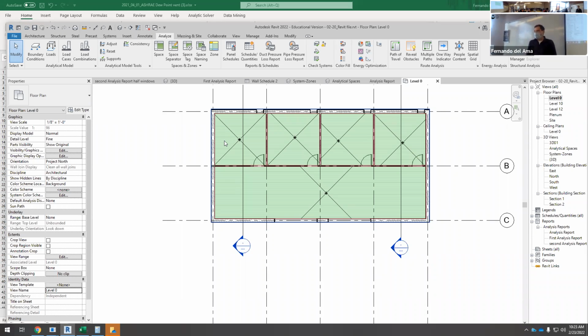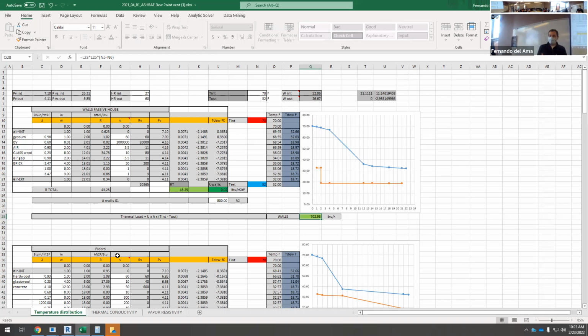It's weird. Well, it can happen. Because there are a lot of factors. With the Excel file, we can analyze whether we will have risk of condensations or not. We can calculate the R value. So there are a lot of things we can do with this.